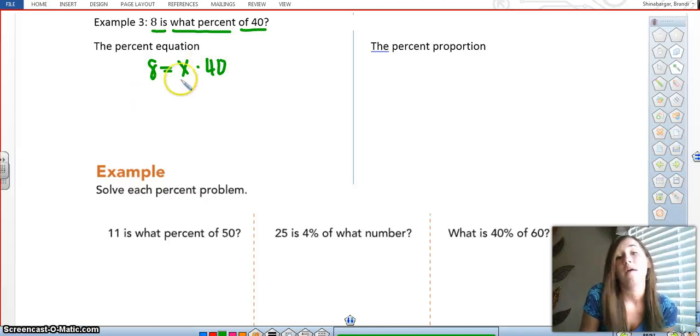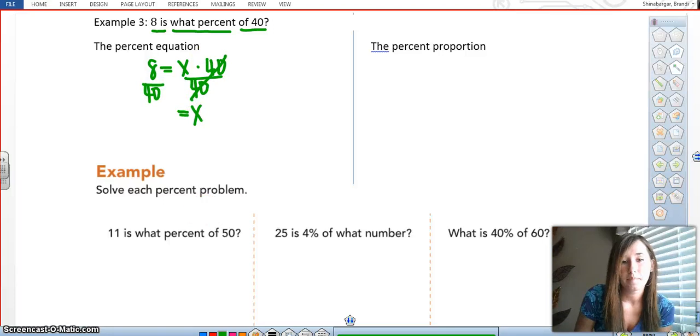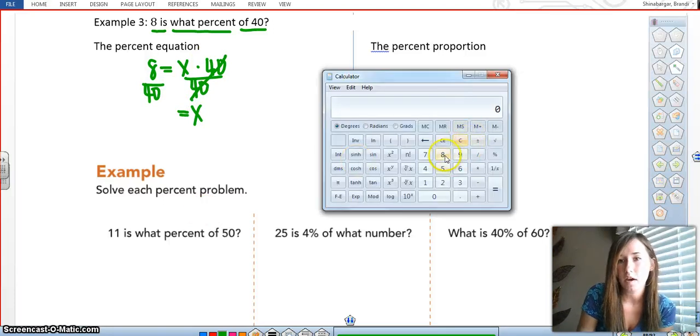Now again, we have a multiplication problem. I see that multiplication sign, but we don't know what number is supposed to be multiplying. So we're going to have to work backwards to solve this, and we're actually going to divide. We'll divide on both sides. The 40s cancel. 8 divided by 40. You can use our calculator for that. This gives us 0.2.